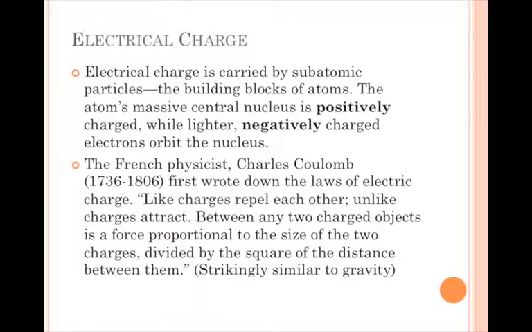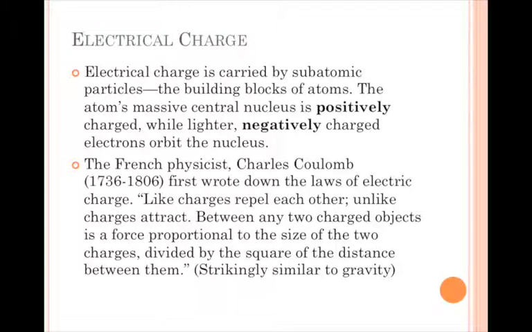Electrical charges are carried by subatomic particles. And so we'll learn a little bit more about the building blocks of atoms in the next chapter. But the atom's massive central nucleus is a positively charged cluster of particles, while the lighter negatively charged electrons orbit the nucleus.